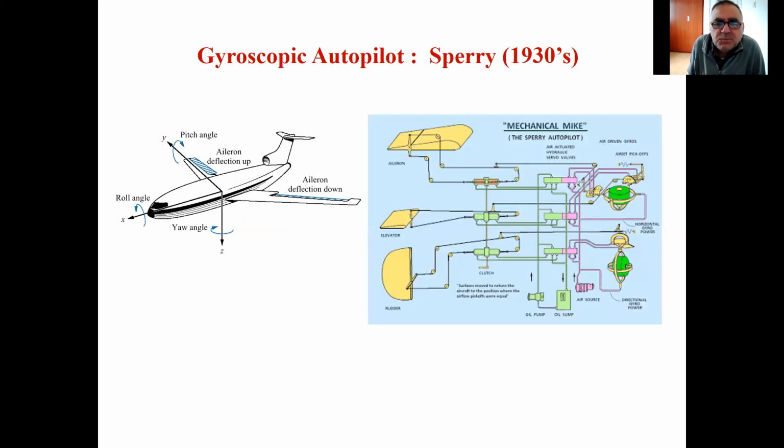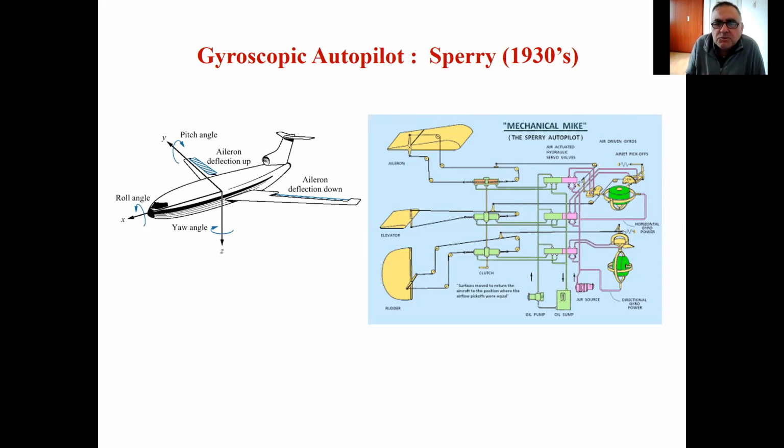Another application, one of the earlier applications, is the autopilots used in airplanes. This is a mechanical autopilot used in an airplane. The airplane has three control surfaces: aileron, elevator, and rudder.